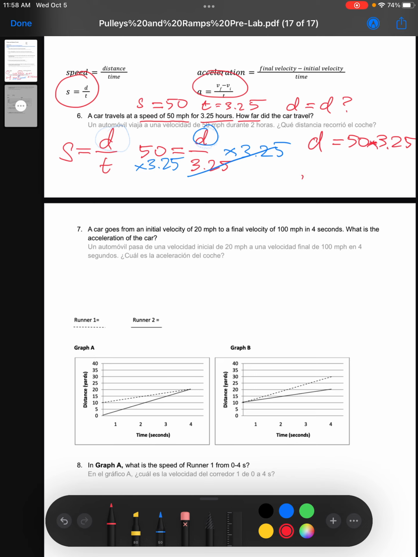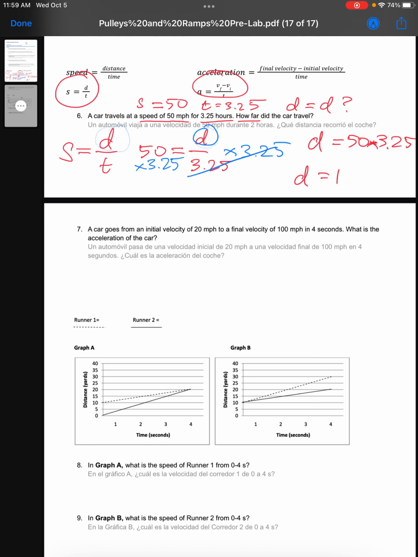And so we can do that in our calculator. 50 times 3.25 is 162.5. And what is the unit that goes with distance? The unit that goes with distance is meters. That is m.